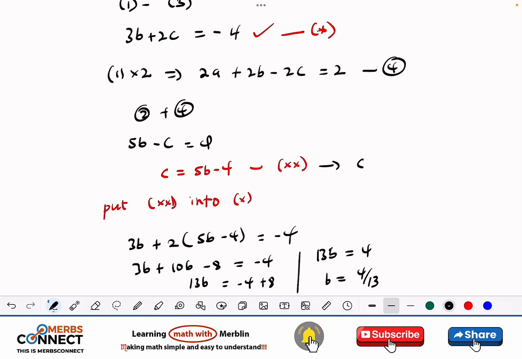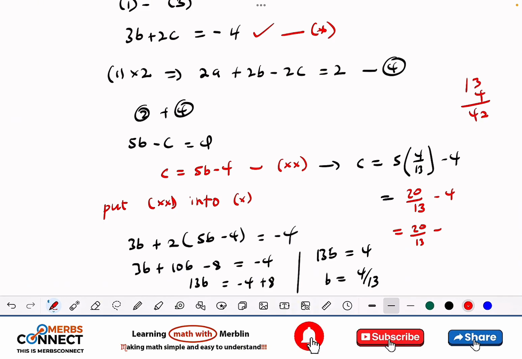So let's look for c. Since we know b, this will be 5 times 4 over 13 minus 4. So this is going to give us 20 divided by 13 minus 4. And this is 20 divided by 13 minus 13 times 4, which is 52.